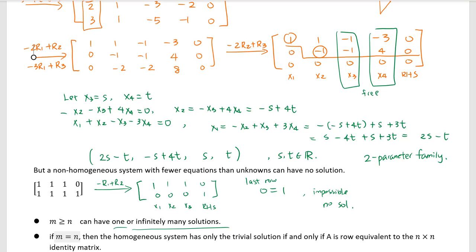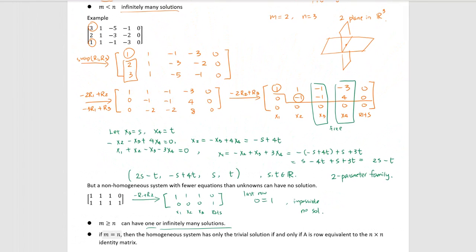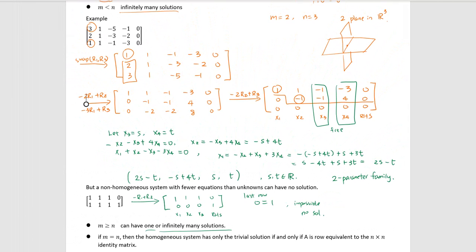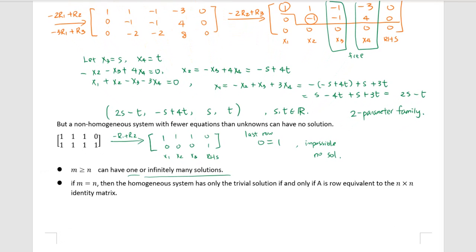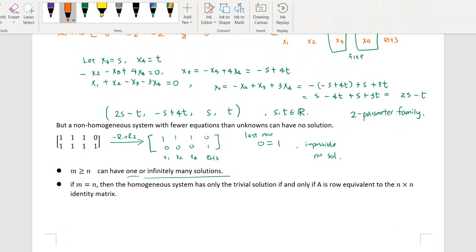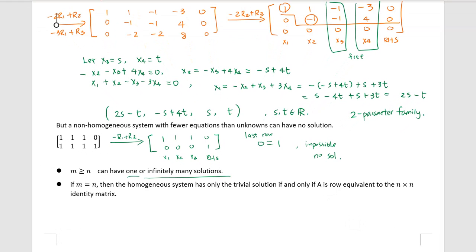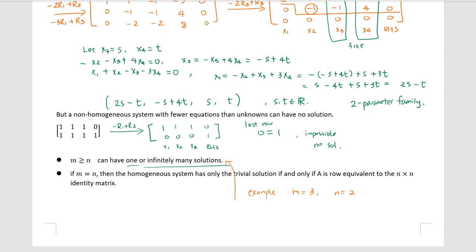All right, so this is what we talk about. I forgot to, maybe I should draw a picture here. So in this case, for a homogeneous system, for example, m is 3 and n equals 2. Well, in this case, we have 3 lines in R2.